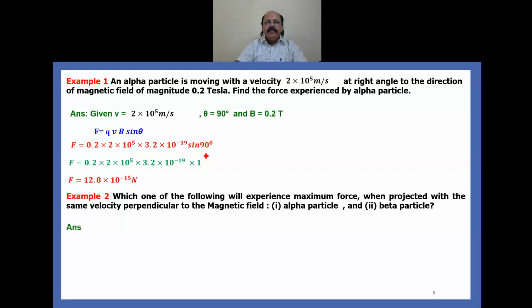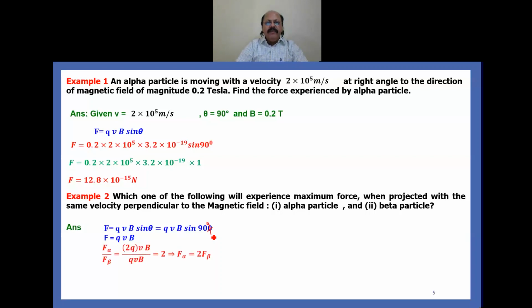But the charge on the alpha particle is twice the charge of the beta particle. So when you apply the formula F equal to QVB sine theta, in place of sine theta you write sine 90 degrees, which is 1. So F equal to QVB.